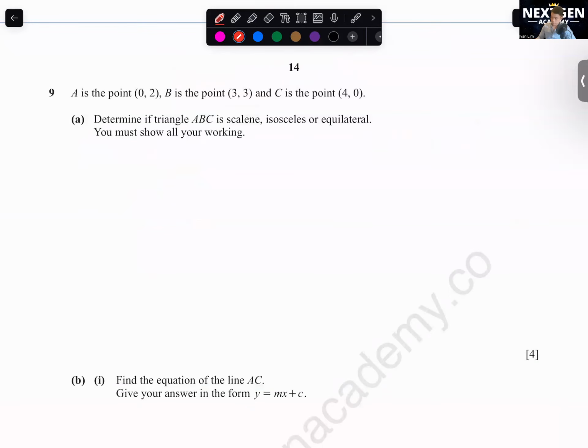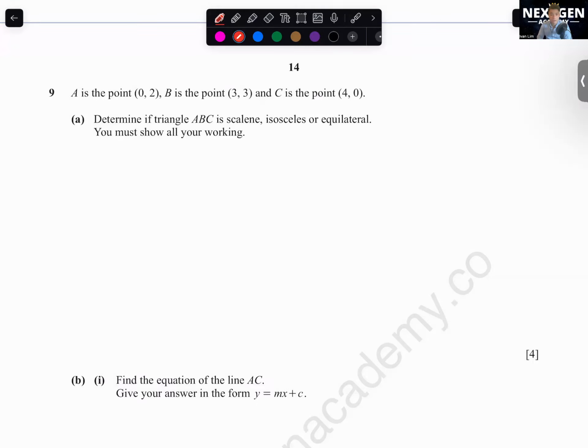Okay, question 9. A is (0, 2), B (3, 3), C (4, 0). Determine if triangle ABC is scalene, isosceles, or equilateral. Just now some of you said not so sure how to do this. What is scalene, isosceles, and equilateral?